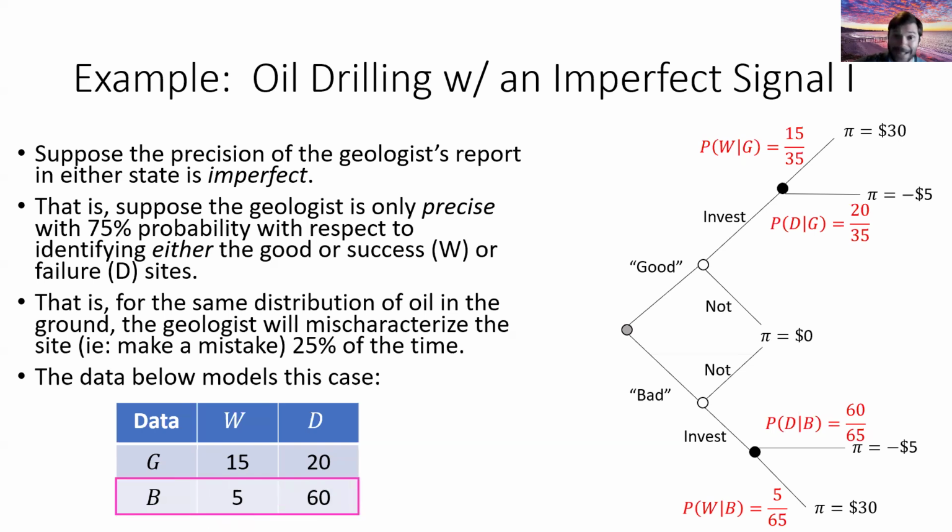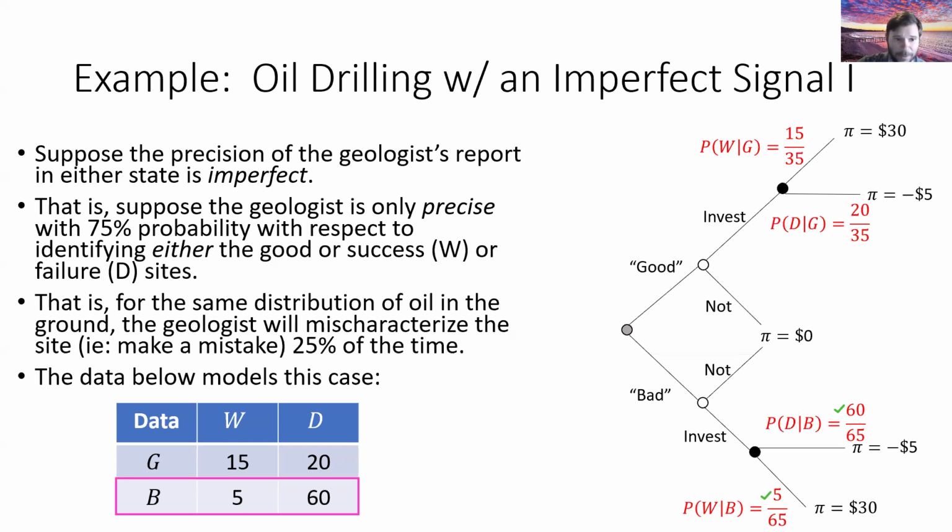How many total bad signal realizations are there? There are 65. How many of them involve a dry well? Well, 60 out of the 65 involve the dry well. Only 5 out of the 65 involve the success, the wet well.